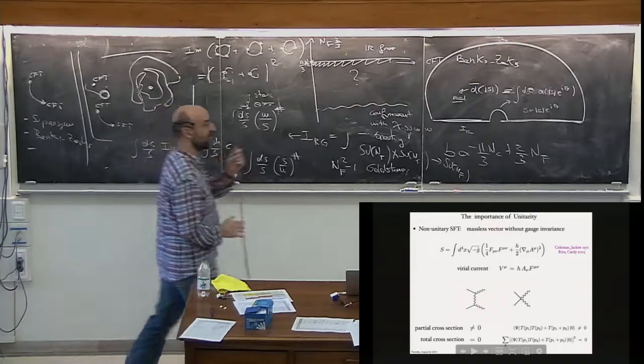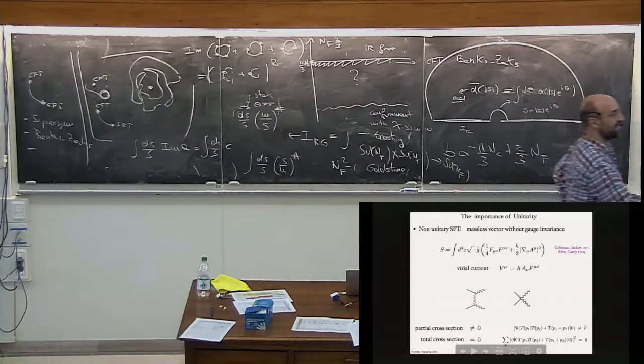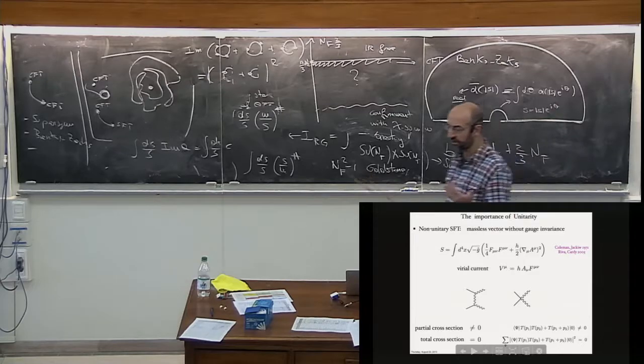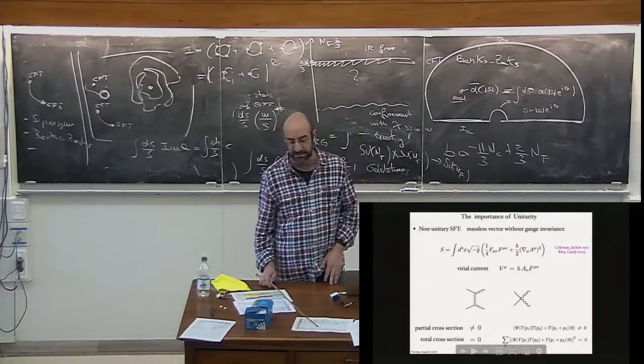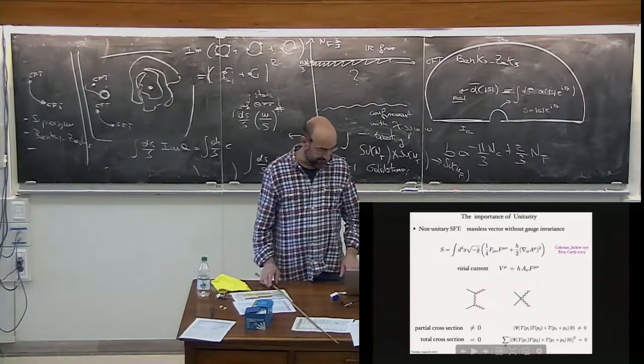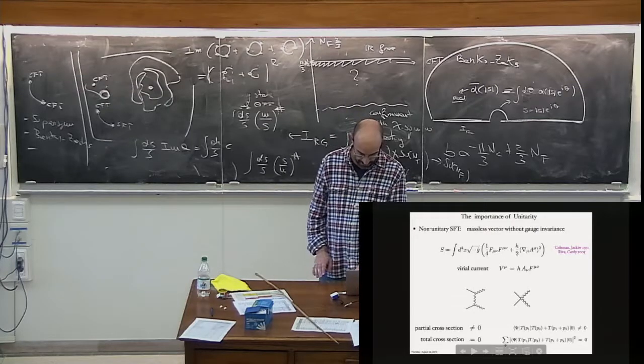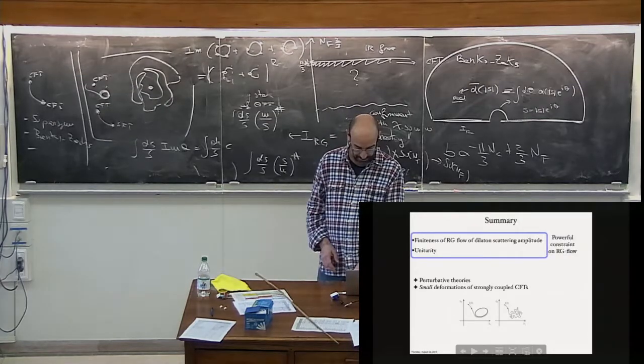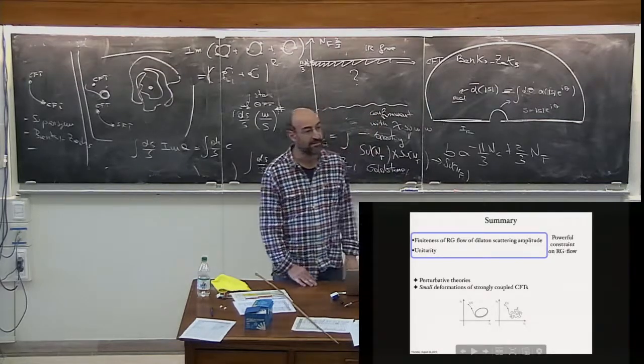So the basic point is that T is a very non-trivial operator, but the particular matrix elements of T, where you sum over final states, are 0. So T is non-trivial, but its inclusive matrix elements are 0. So that's the way it works. So this is my story. I think I'm done.